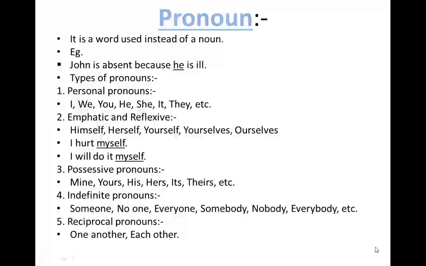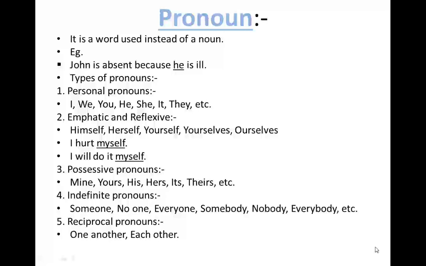Another thing that you should remember over here is that if you omit this word myself, it will give you the same sense. I will do it. Obviously, I will do it, but to emphasize on it, I have added myself with it. And in the case of a reflexive sentence, I heard.